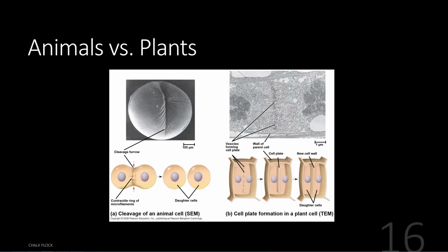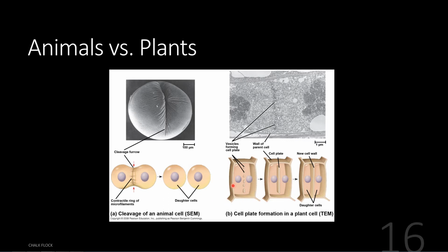So, that's in animals. In plants, you basically have the same thing, except instead of a cleavage furrow, you can tell why it's called cleavage furrow, if you have problems remembering. Instead of a cleavage furrow, plants have what we call cell walls. Plant cells don't really split in half very easily.